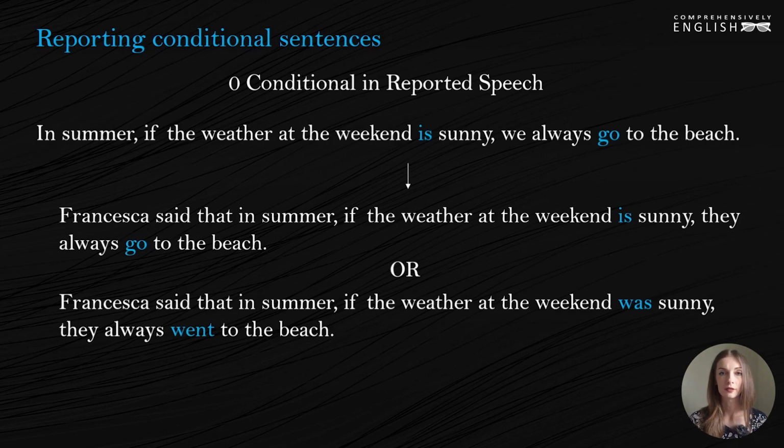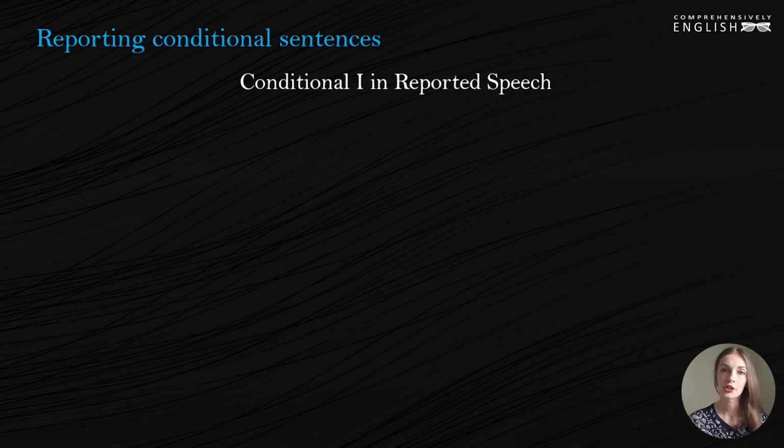You have this freedom. You can leave the tenses as they are, or you can go one step back, so your present becomes past. Conditional 1. Conditional 1 speaks about real conditions, about situations that can change in the future.